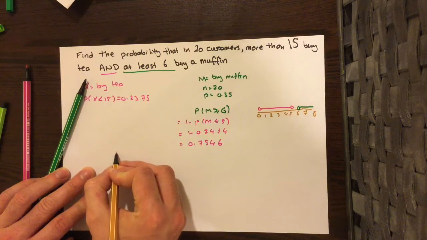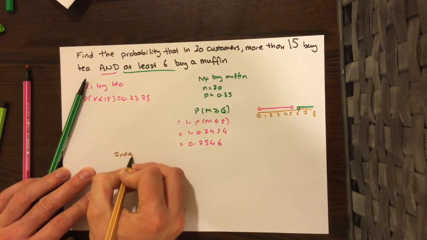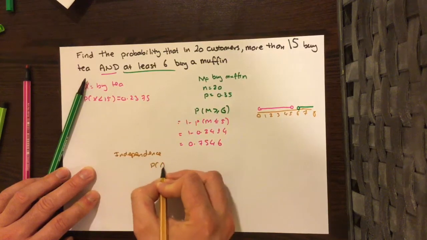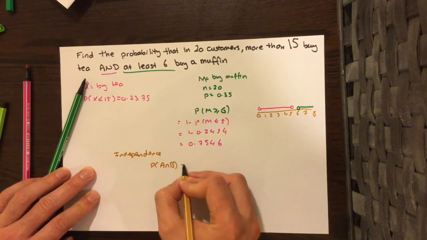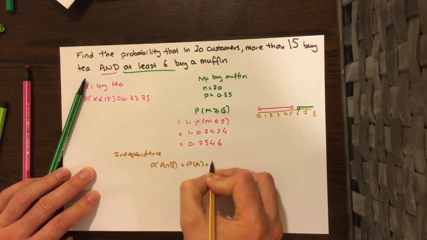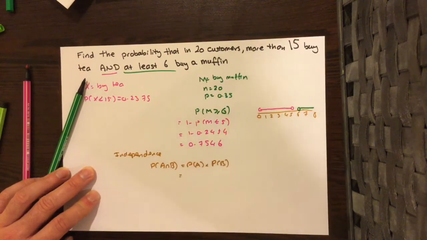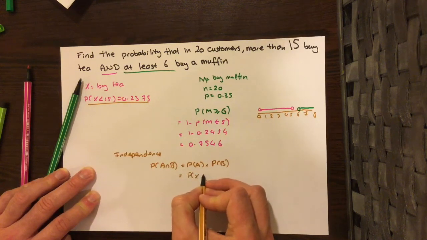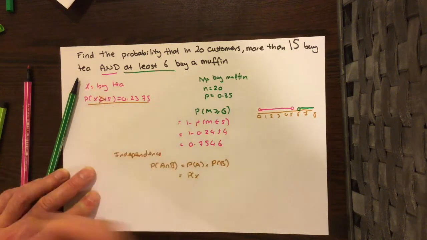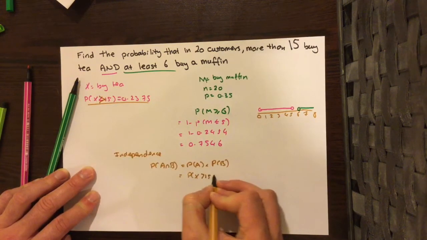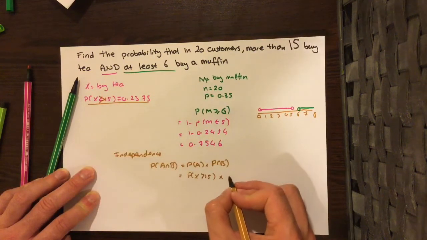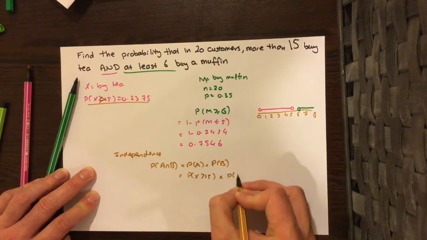So, remember the rules of independence with probability. The chance of getting A and B is the probability of A times the probability of B. In this scenario, A was the chance of more than 15 buying tea, and the probability of B is at least 6 buying a muffin.